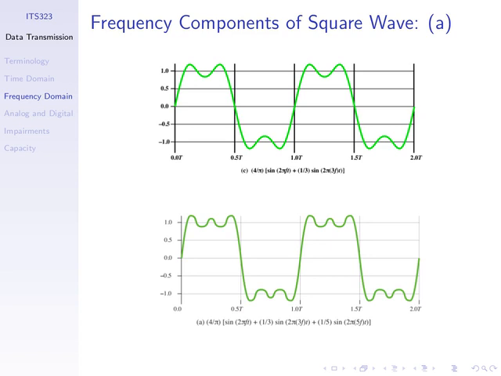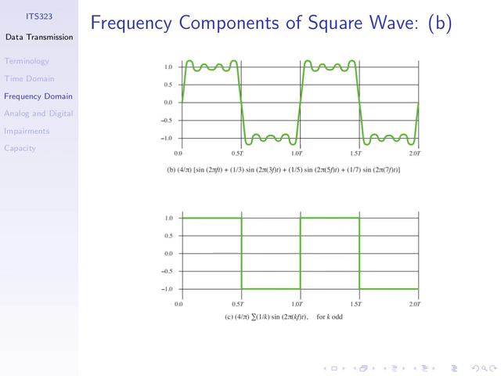Multiplier 1, 2 pi 1 ft, 1/3, 2 pi 3 ft, 1/5, 2 pi 5 ft, and we get this shape, resulting signal. Add a fourth component, 1/7 sine 2 pi 7 ft, and we get this shape.